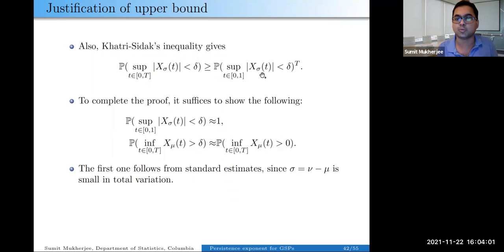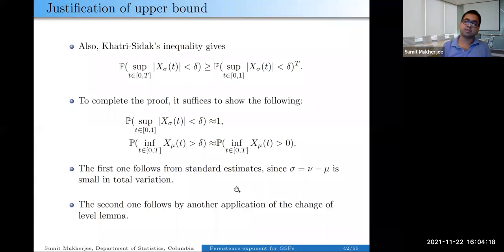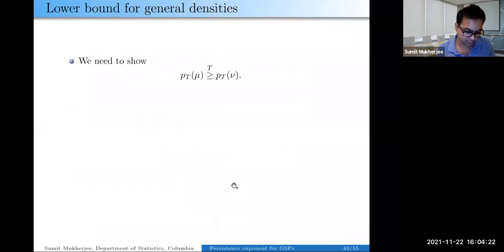Therefore, the supremum is small. You can do this by standard estimates, for example Borell-TIS. This immediately says that this term is very close to 1. It goes to 0 actually if you take the approximations going to 0. And the second one, as I tried to explain, is the change of level. That's what's going on for the upper bound.